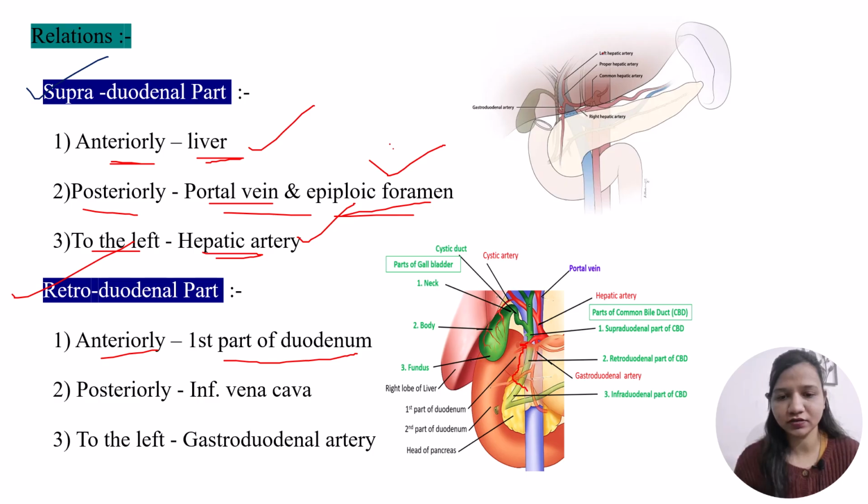Because this part is present behind the duodenum, it is obvious that anteriorly there is the duodenum. So anteriorly it is related with the first part of the duodenum, and posteriorly it is related with the inferior vena cava. We have seen the supraduodenal part, which is related posteriorly with the portal vein.